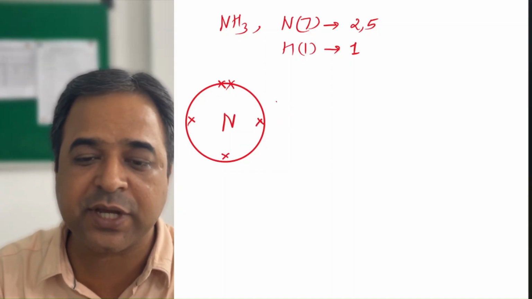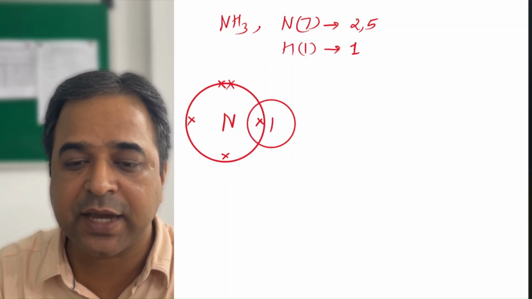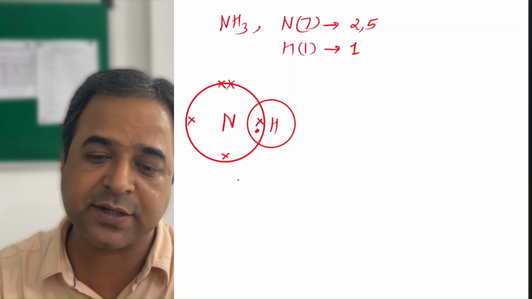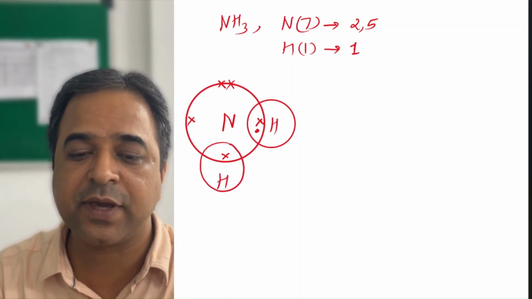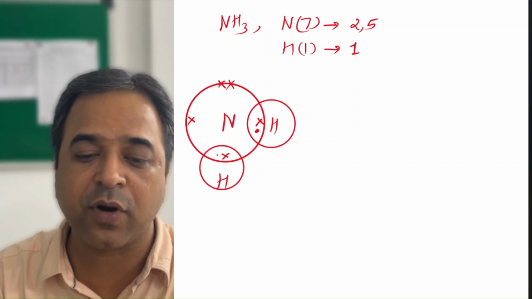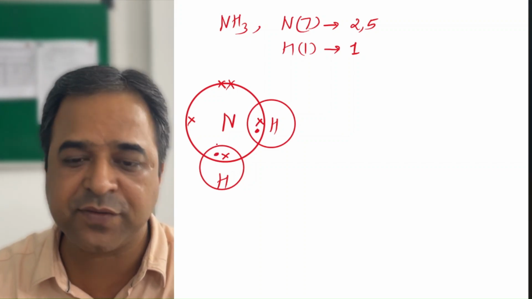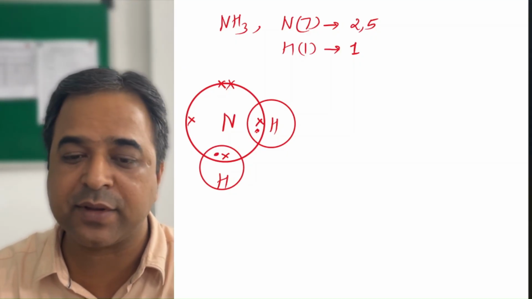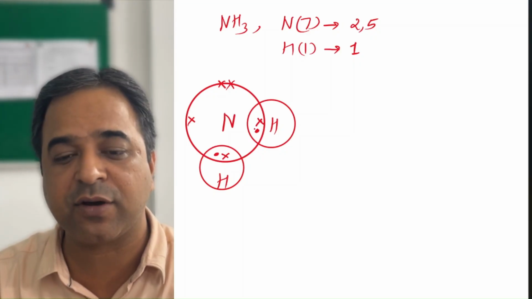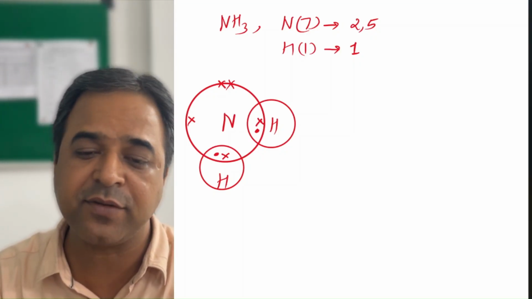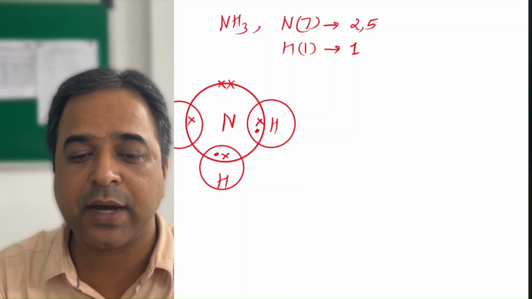With whom will it share? We have hydrogen. So this hydrogen will be sharing its electron this way. This is also called the dot and cross structure of Lewis. And here you need to remember the shared pair must be in the intersection region of these elements or circles. Same way, one more hydrogen.